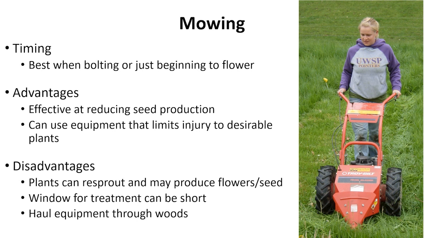In some cases the window for treatment timing can be short; from bolting to flowering to fruit can be 2 to 3 weeks, so we need to be conscious of that. The other big issue with mowing is we have to haul this equipment through the woods, and hauling anything through the woods can be a challenge because it gets snagged on trees and branches and other things. So it may have some limited windows where it would be effective.